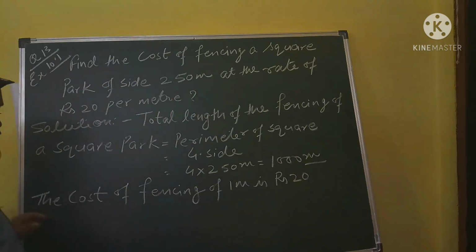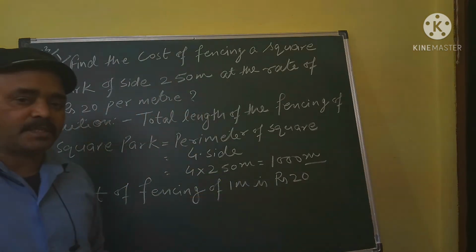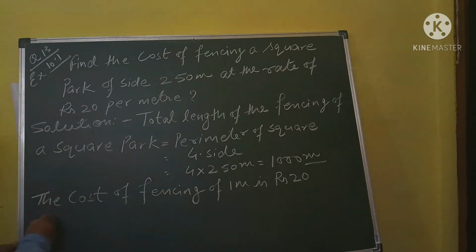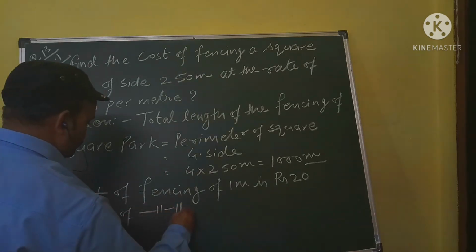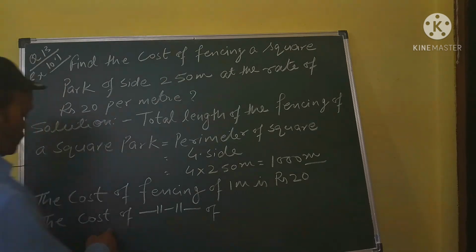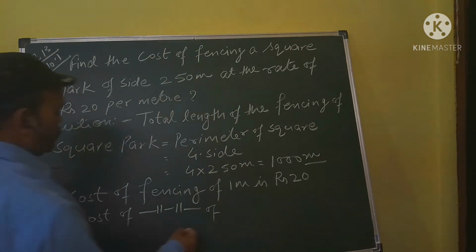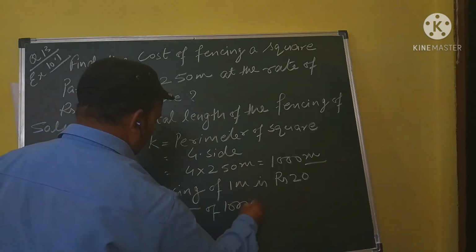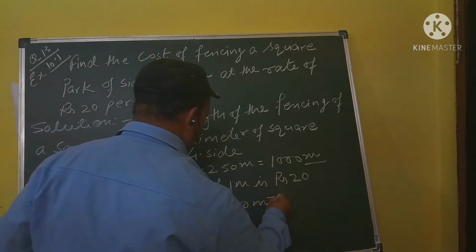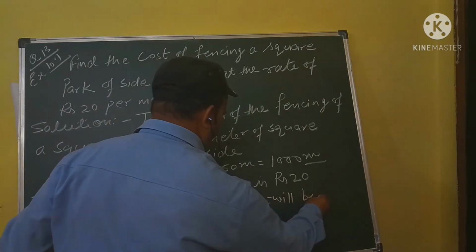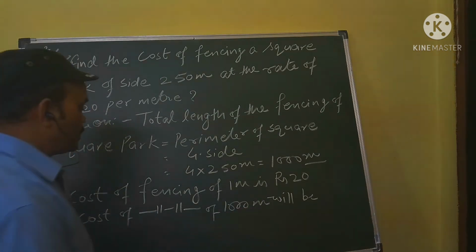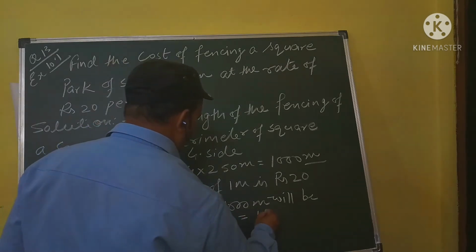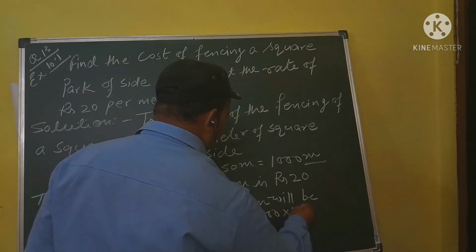Therefore the cost of the fencing of 1000 meter will be 1000 into 20.